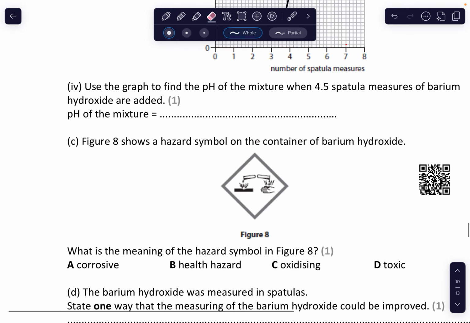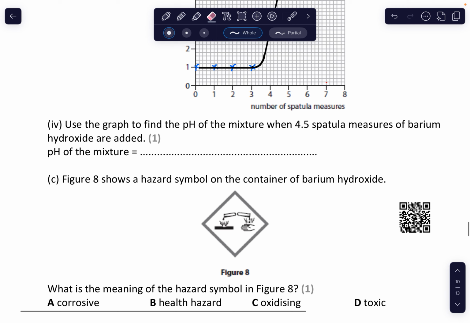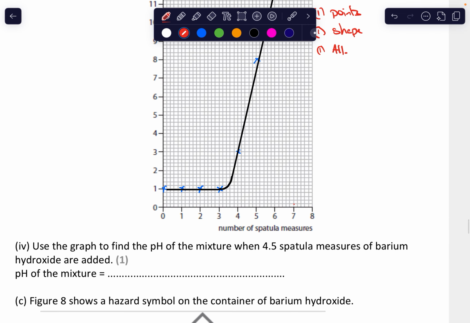Right, next little bit. Use the graph to find the pH when 4.5 spatulas were added. So what I'm going to do here is come to the graph, and that point there is 4.5. So I'm going to take that point and extend that up to where it meets the graph.